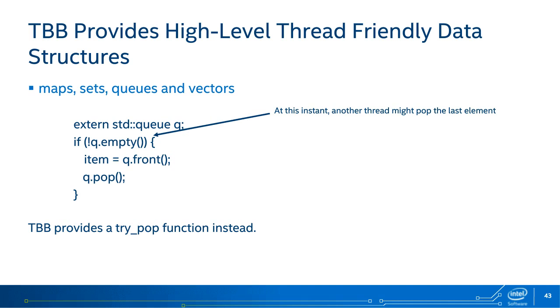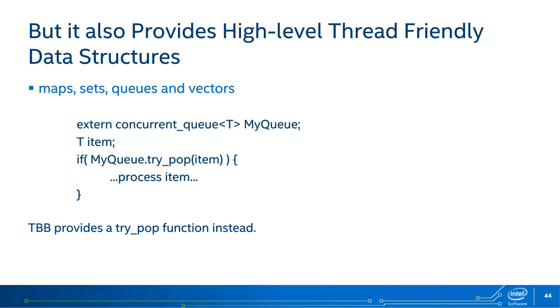The concurrent data structures in TBB just provide high-level thread-friendly interfaces that are well-tuned. So for example here, a TBB concurrent queue in contrast has a try-pop function. So it does all of those necessary operations in a single atomic function.